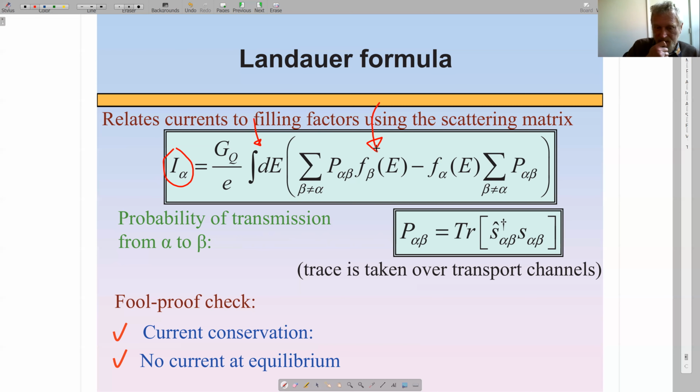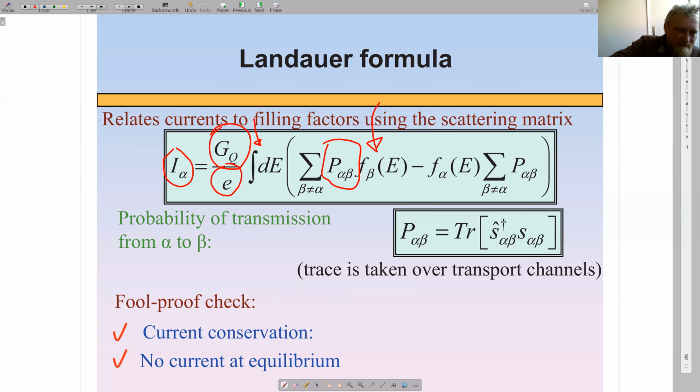We also see the conductance quantum, which, as I said, appears almost at every slide in the quantum transport course. Good. And there is some quantity P alpha beta, which I find here.